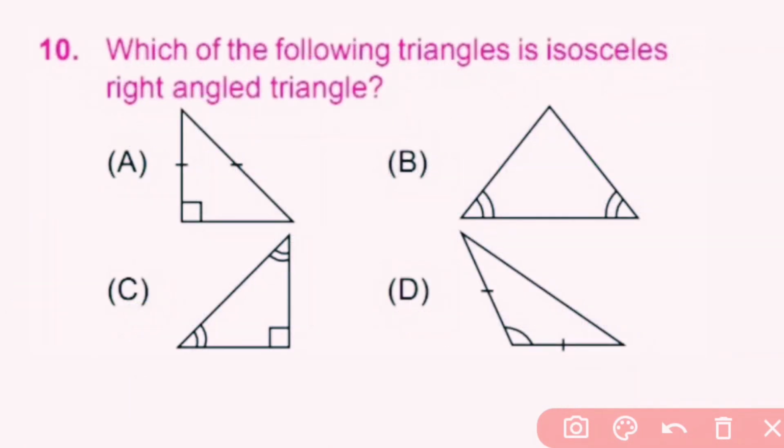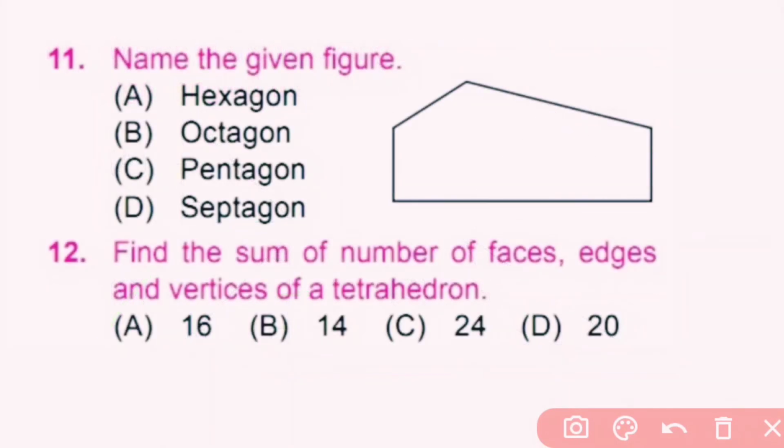Question number 10. Which of the following triangles is an isosceles right angle triangle? In an isosceles right angle triangle, one angle should be 90, and two sides should be the same and two angles should be the same. So here C is the correct answer. Question number 11. Name the given figure. In the given figure there are a total of 5 sides. The polygon having 5 sides is called a pentagon.